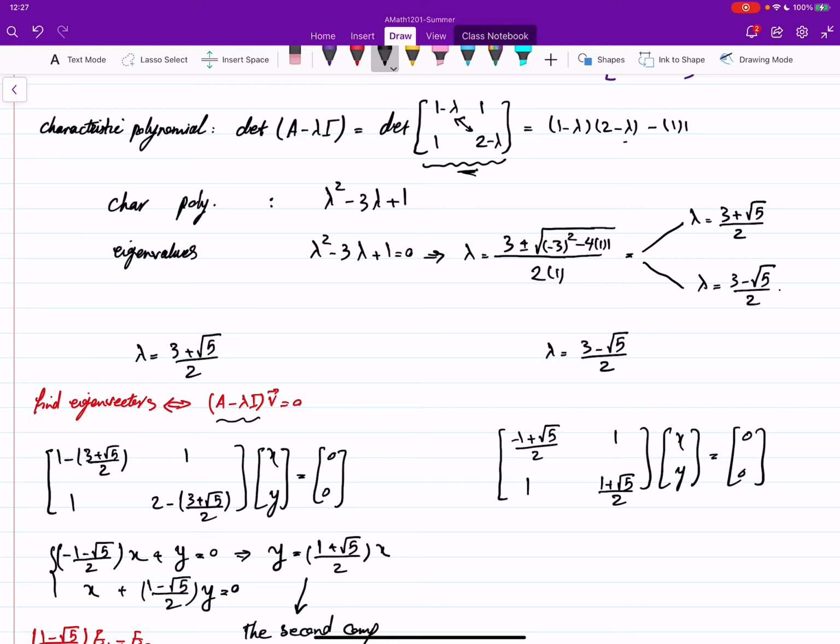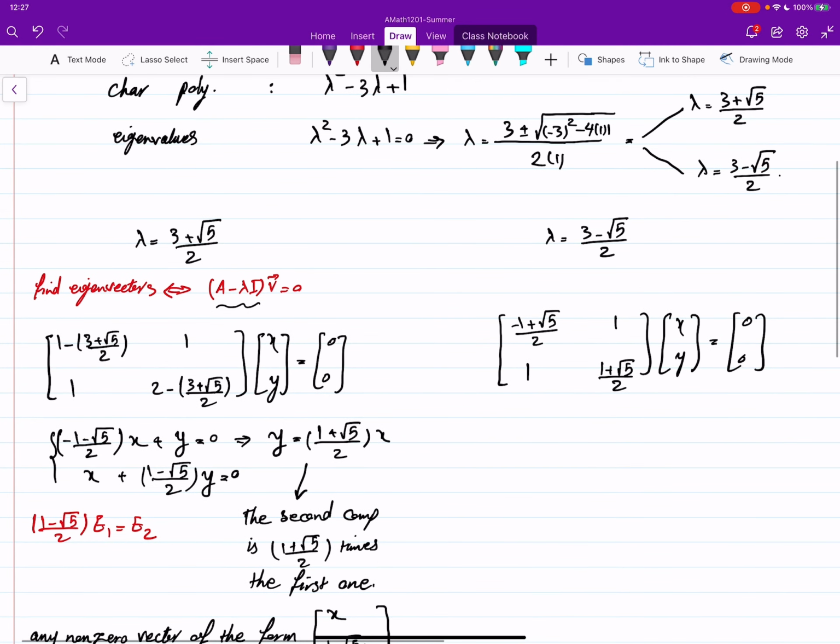So if you write the equation forms, what you will notice is that these two equations are going to be multiples of each other. In particular, the only thing you need to deal with is this guy here, and that means that y must be 1 minus root 5 over 2. I'm multiplying a negative sign to this, taking that to the other side.